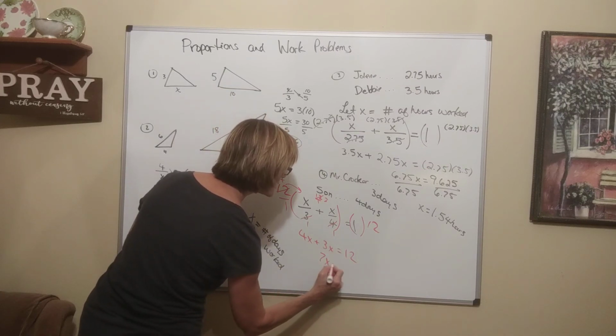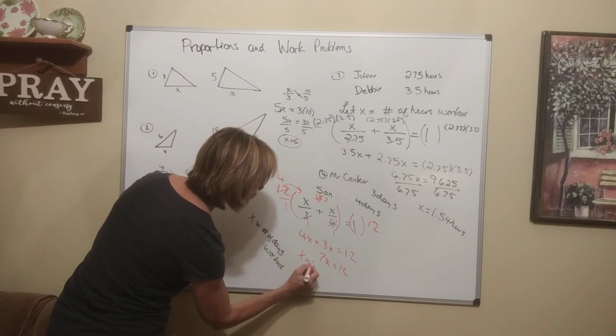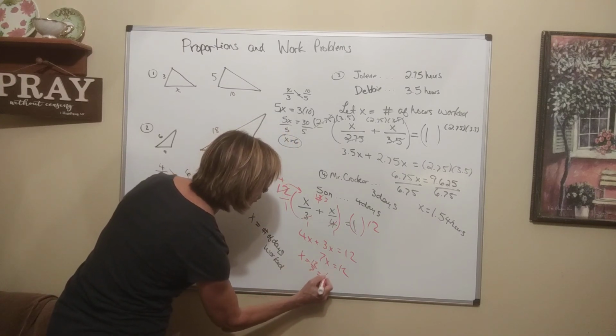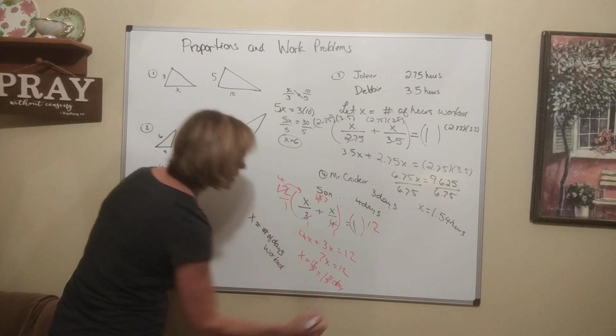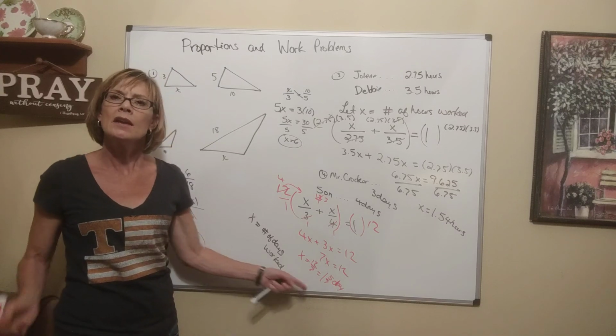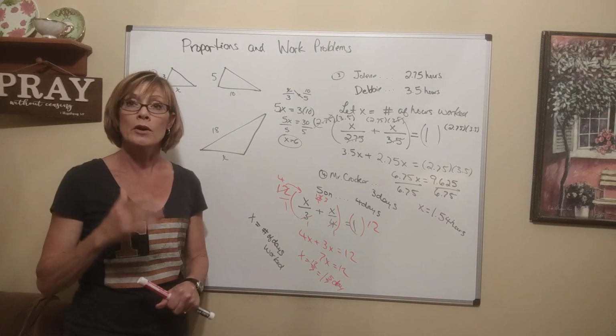I get 7X is equal to 12. Divide by 7, and I get X is equal to 12 over 7, or 1 5/7 of a day. That's how long it will take them if they work together. So those are a couple of examples of work problems.